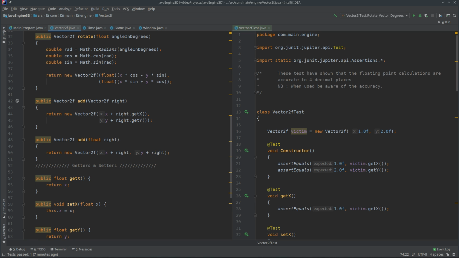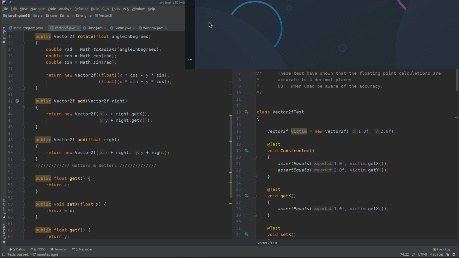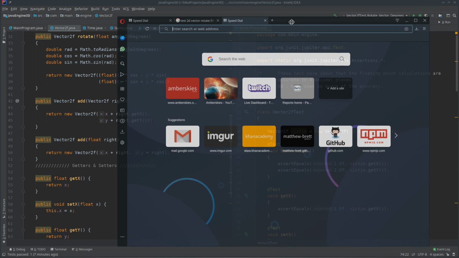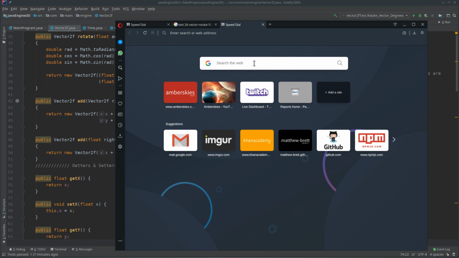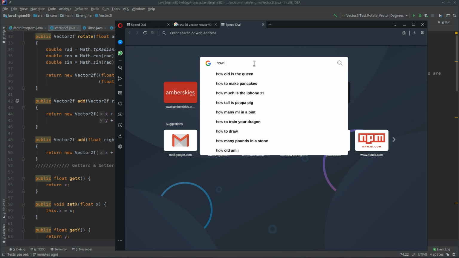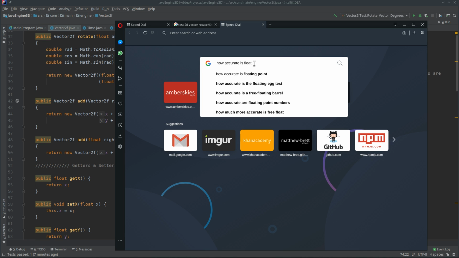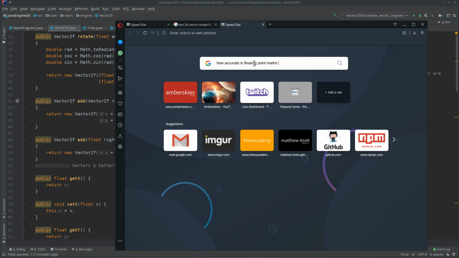Let's have a look. How accurate is floating point maths using JOML? Is it a jar?